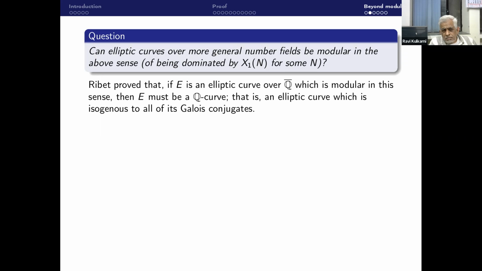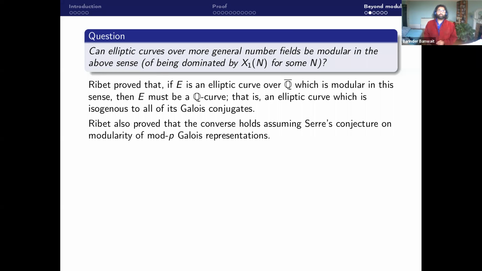So Ribet proved that if you have an elliptic curve over Q bar which is modular in this sense, then E must be a Q-curve. That is an elliptic curve that is isogenous to all of its Galois conjugates. And this was proved in a paper of his in the 90s.